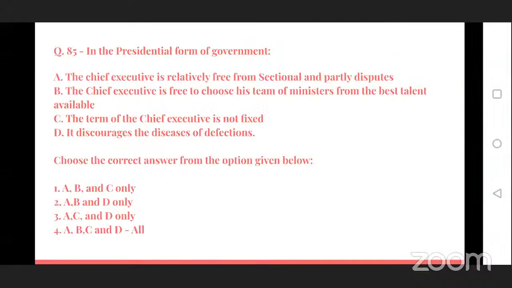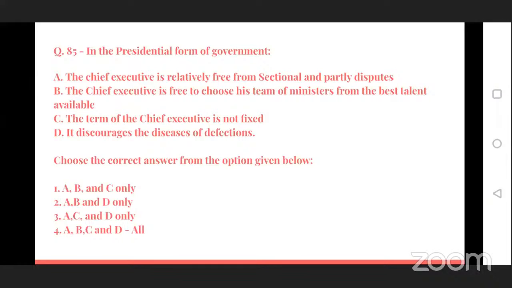Now the next question: in the presidential form of government, A, the chief executive is relatively free from sectional and party disputes; B, the chief executive is free to choose his team of ministers from the best talent available; C, the team of the chief executive is not fixed; and D, it discourages the disease of defections.